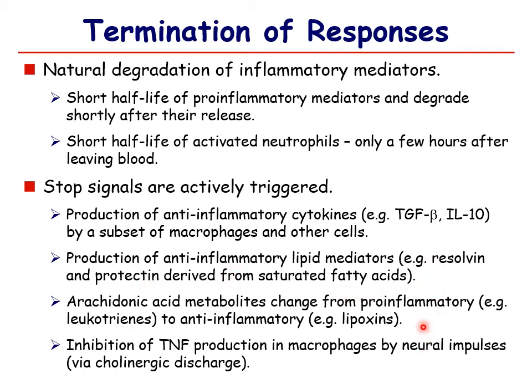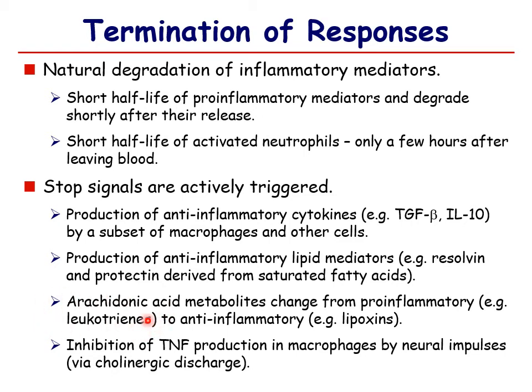Another way to induce stop signal for inflammatory response is converting arachidonic acid metabolites from pro-inflammatory metabolite into anti-inflammatory metabolite. So in inducing inflammation, arachidonic acids are converted to leukotrienes.